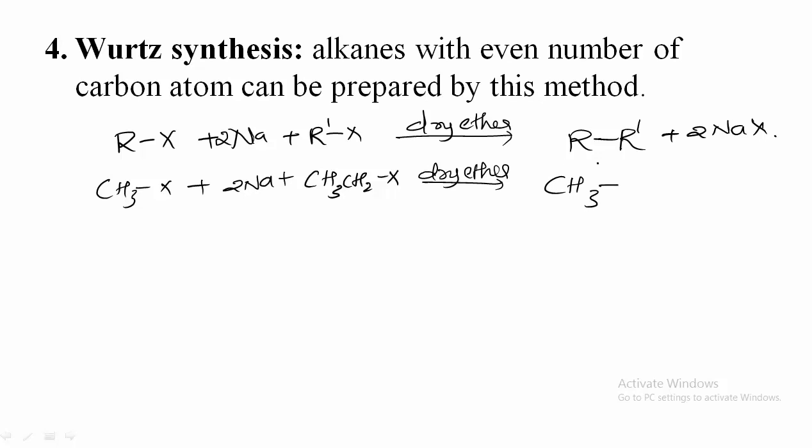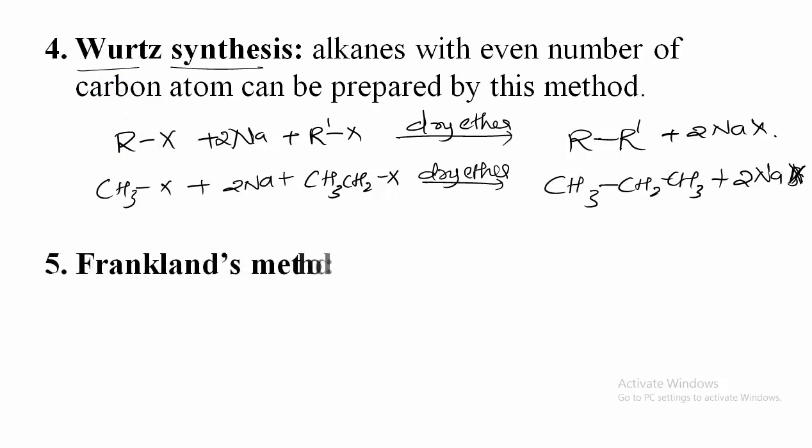CH3, R dash means CH3CH2, so I will write CH3CH2CH3 plus 2NaX. In place of X, we can take Cl or Br or anything. Okay, so this is how we can prepare the alkanes by Wood's synthesis. Very important one. Remember this.